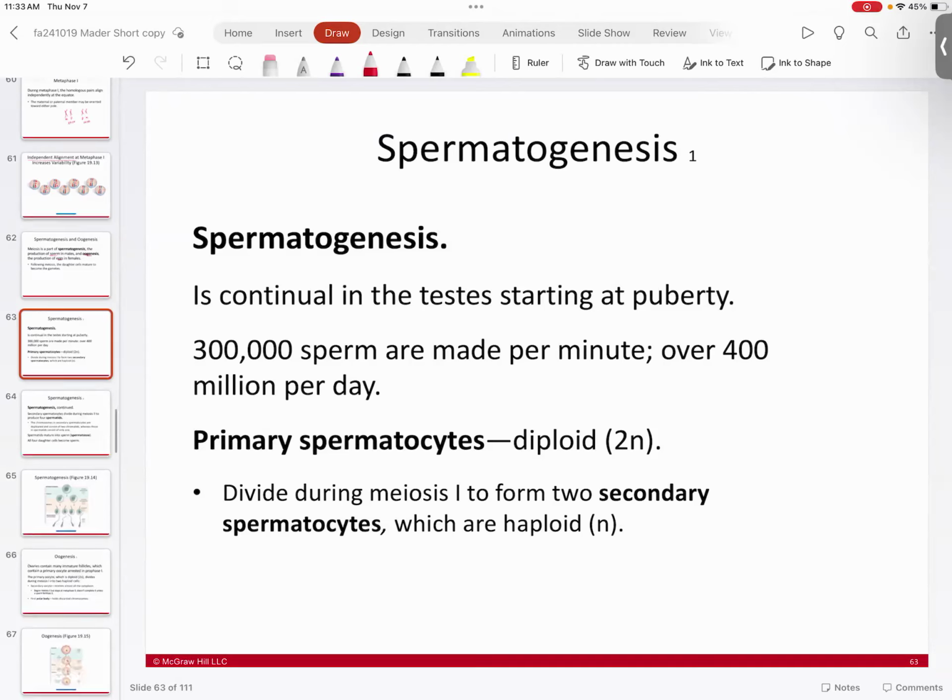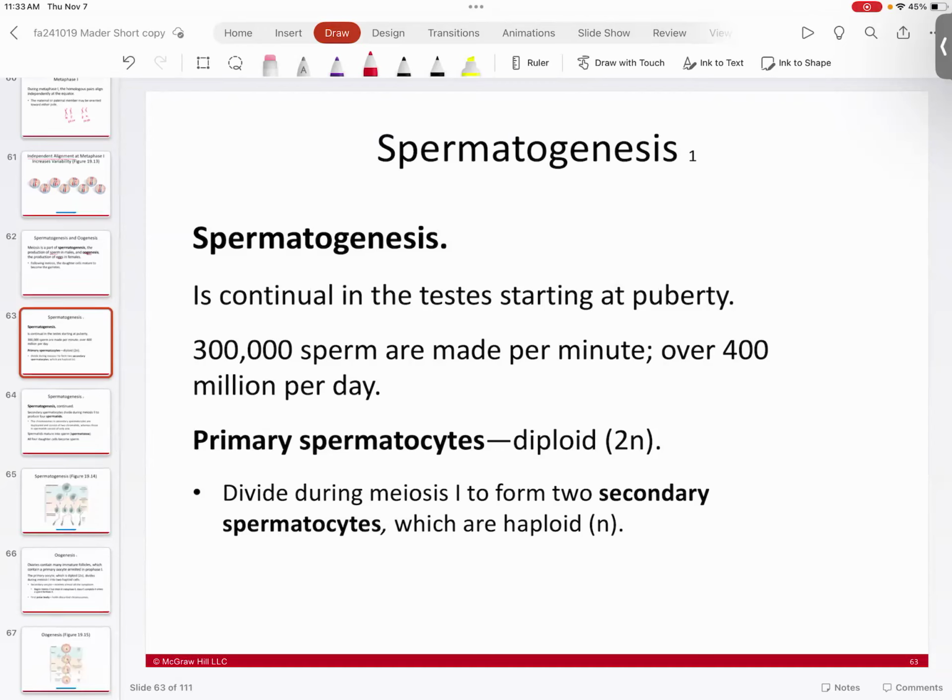You're constantly making sperm. The primary spermatocytes typically are the diploids. So what happens is these guys are the ones that will go through meiosis 1, and they'll create the secondaries. So the primaries, which are diploid, will create the secondaries, which are haploid, right?